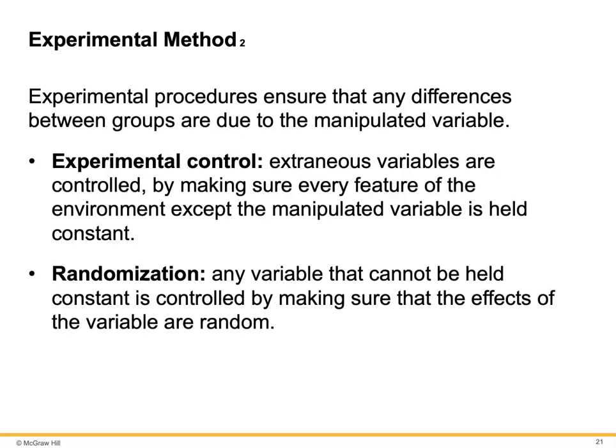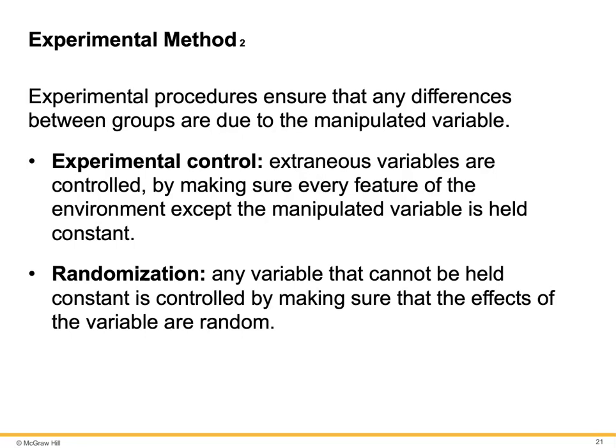The experimental control is where extraneous variables are controlled by making sure every feature of the environment except the manipulated variable is constant. In other words, any variable that is held constant cannot then become a confounding variable. Now, randomization, which is really for any variable that cannot be held constant, is controlled by making sure that the effects of the variable are random.